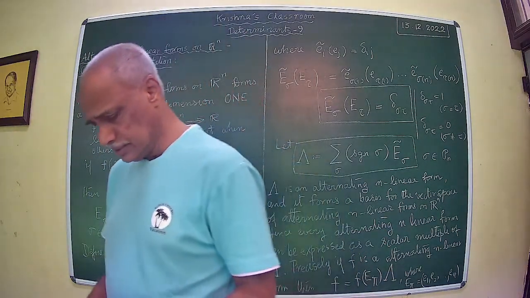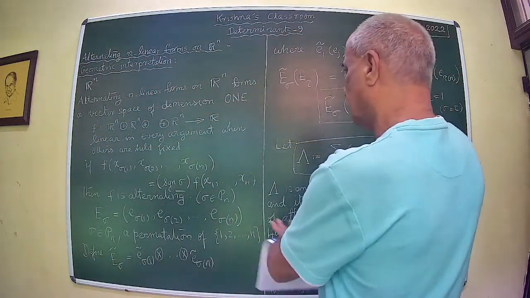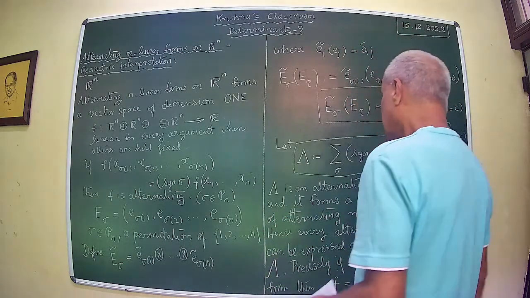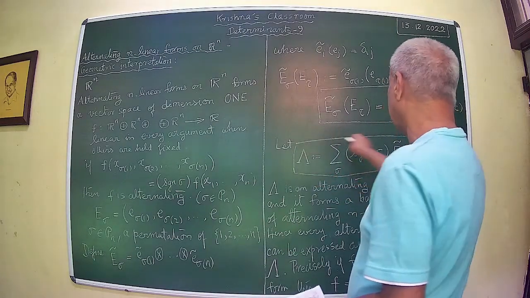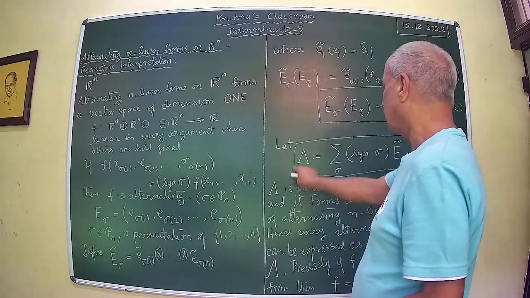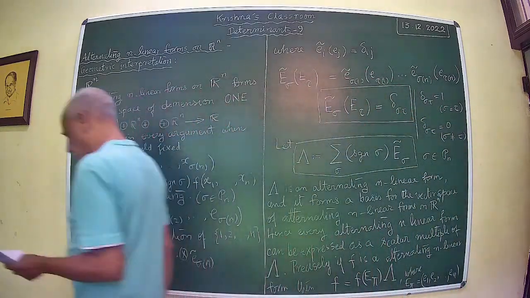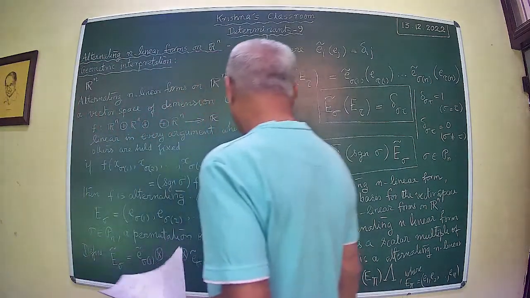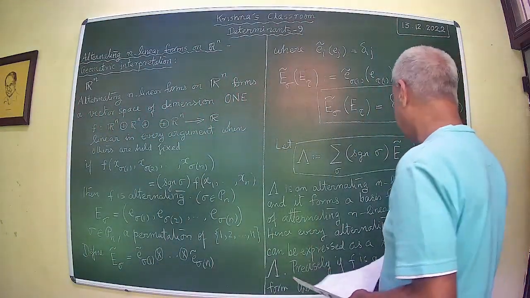Okay. So this is the background information that we make use of. These are the notations that we have already explored and introduced earlier, and this is precisely the basis vector of the space of alternating n-linear forms.